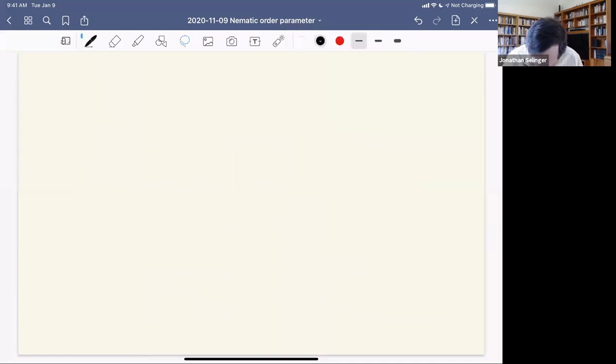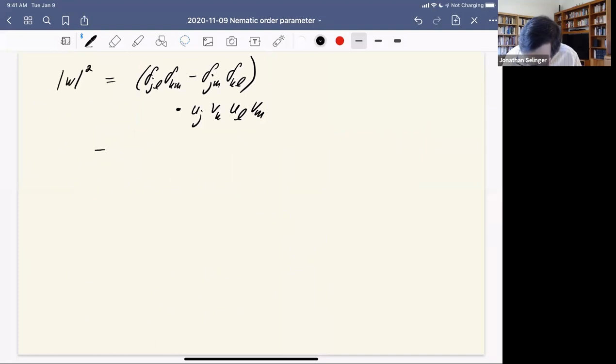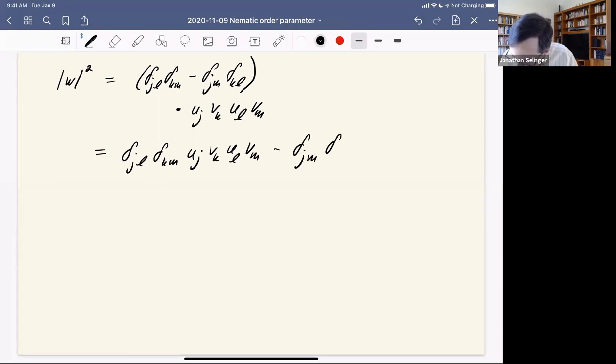Okay, so w squared is equal to this thing. So that is equal to delta_jl delta_km u_j v_k u_l v_m, minus delta_jm delta_kl u_j v_k u_l v_m.